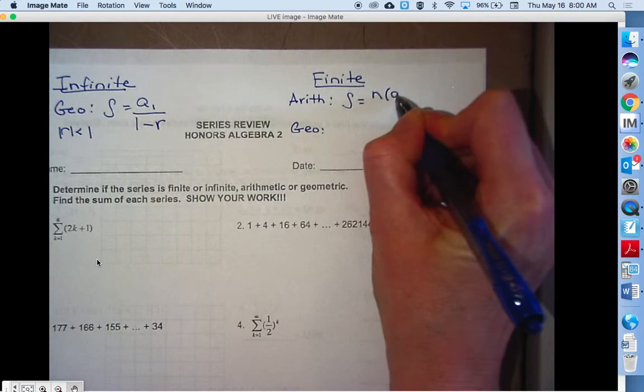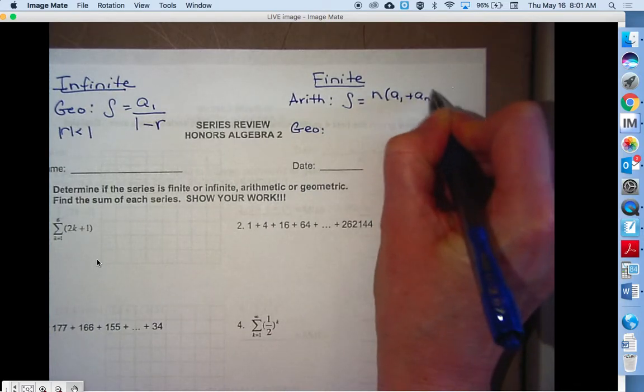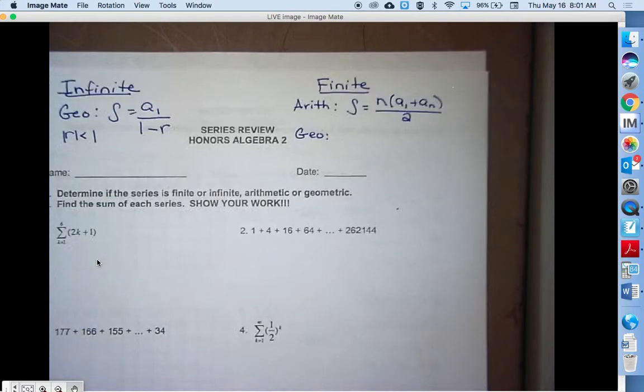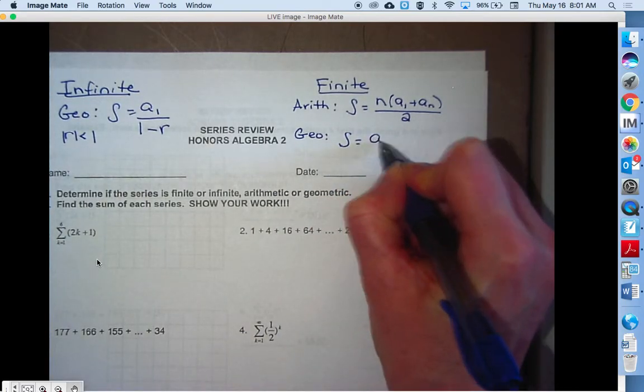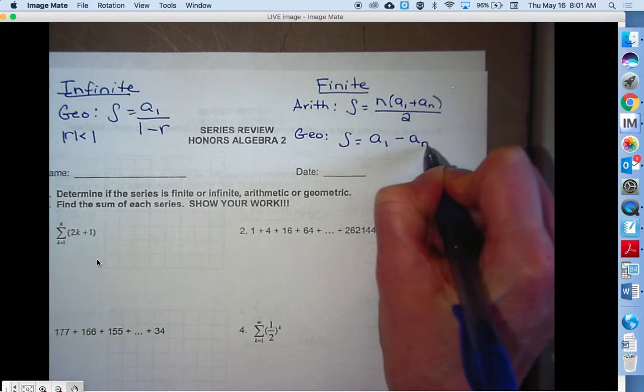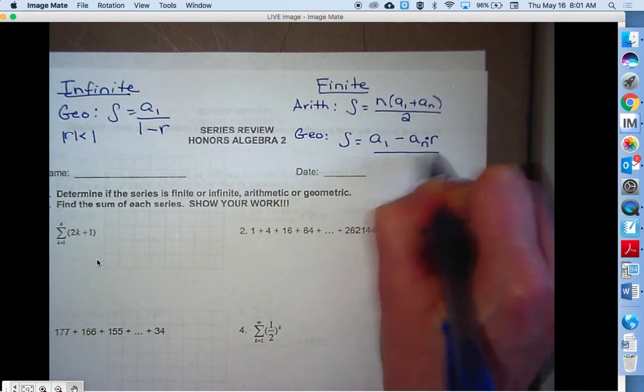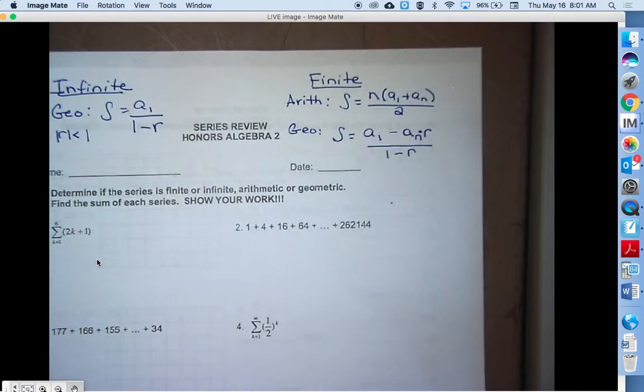In parentheses, we're adding the first and the last terms together, and then you're dividing that by 2. So you're taking the pairs and taking the sum of each pair, and the sum of each pair is the same. We're using the number of terms because then I know how many pairs we have, and then that gets cut in half. And then the other form, when it's geometric, is the first term minus the last term multiplied by r, over 1 minus r. There are no parentheses in there, so that r doesn't get multiplied by the difference of the first 2 terms. The r just gets multiplied by the last term.